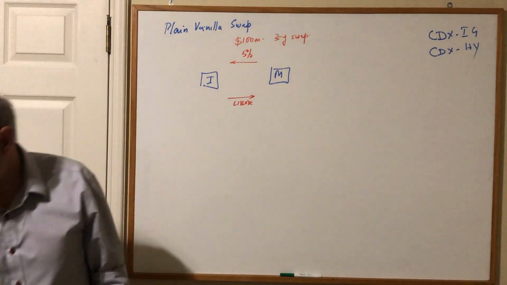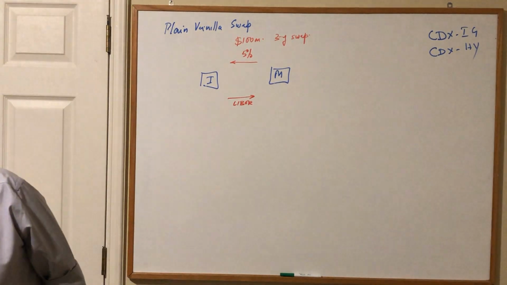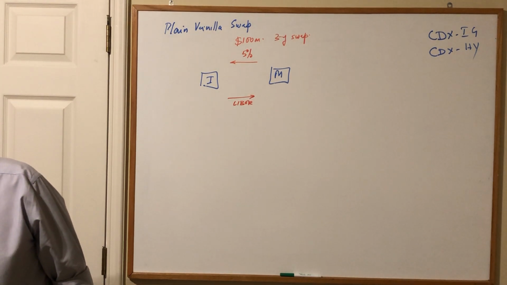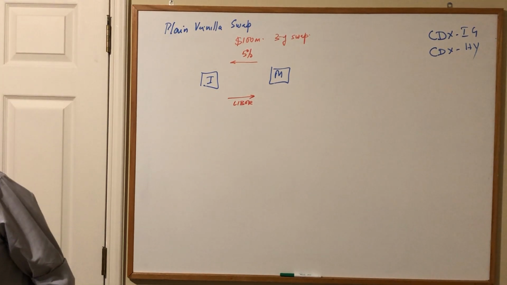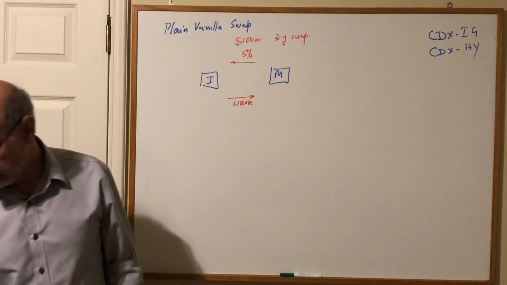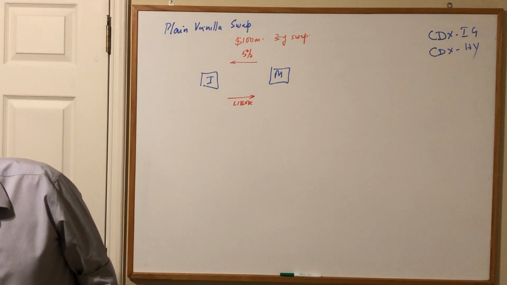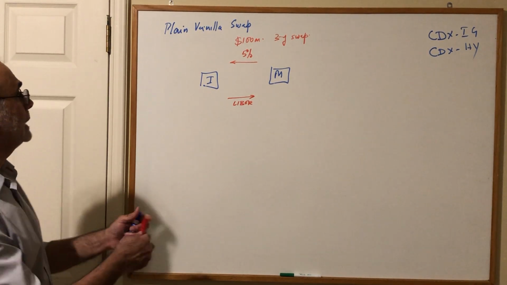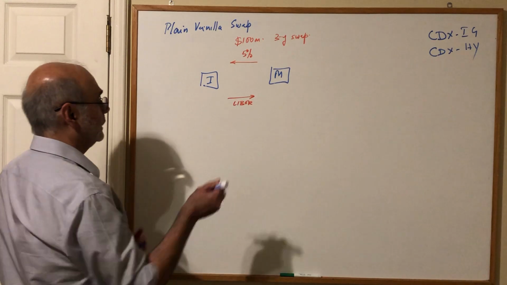Okay, so now let's put the cash flows to this swap up. And this is illustrated in table 7.1. We can look at this either from Microsoft's view or from Intel's point of view. But I'm going to set up the timeline over here.